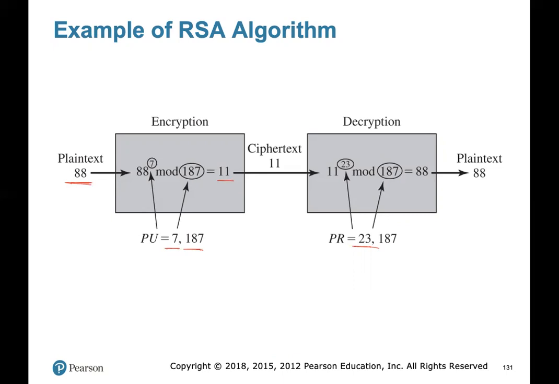But you may wonder how these big powers and big mod operations are going to be done. There are many theorems and many algorithms that help the computers to do that. We don't have to do it like a normal power computation. We don't have to, for example, calculate 88 times 88, and so on, and then start doing the mod process.